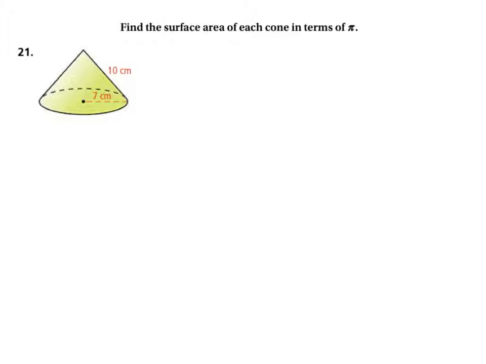Okay. So we're going to do the same thing one more time, which is to write the lateral area formula out. And that lateral area formula is pi, oops, sorry about that, pi times the radius times the slant height.